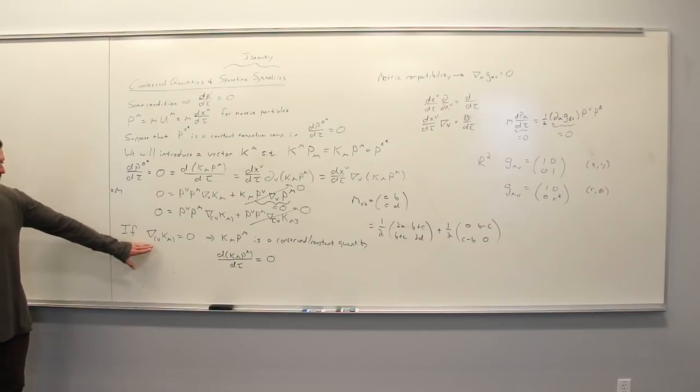And what's interesting is that I am not relying on any particular coordinate system to say this. This is a tensor equation. This equation is true in any coordinate system.